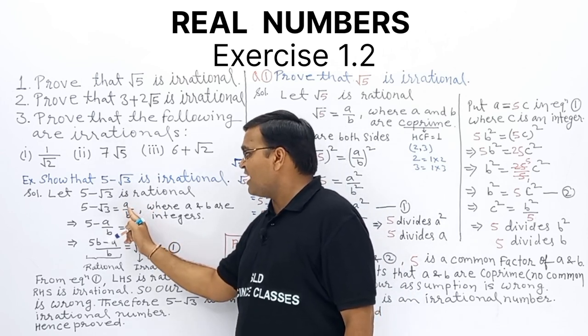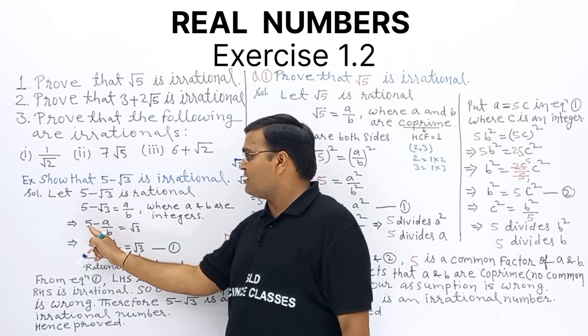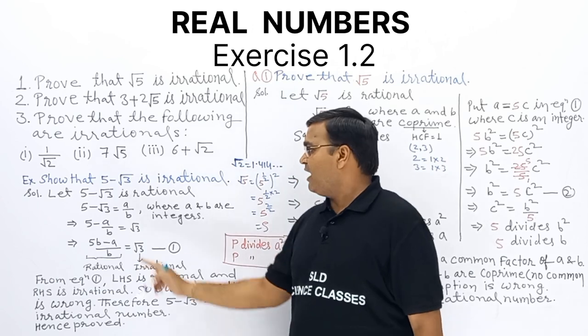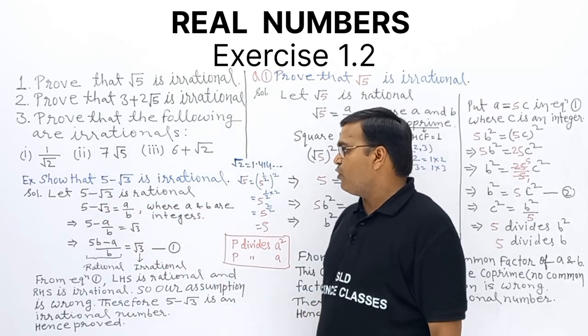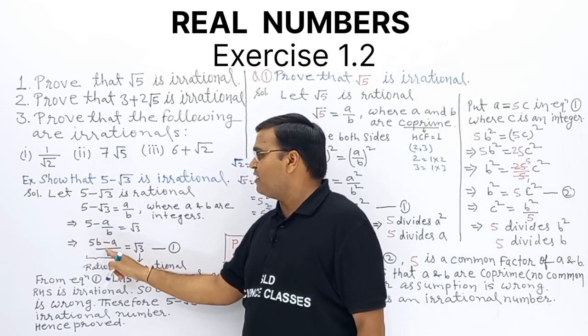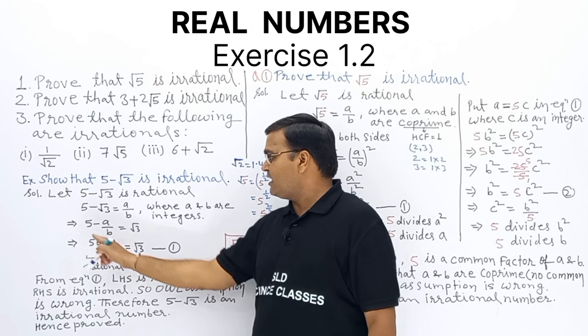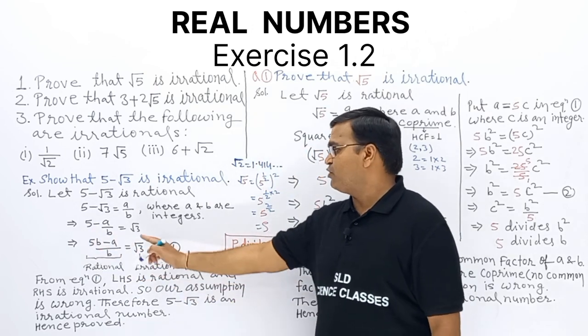So I am transposing this number to the left side, and the sign will change: 5 minus a upon b. Bring the irrational number to the right side. Once we take LCM b and solve, we get this.